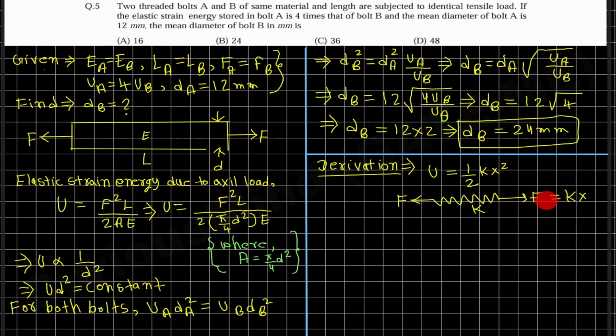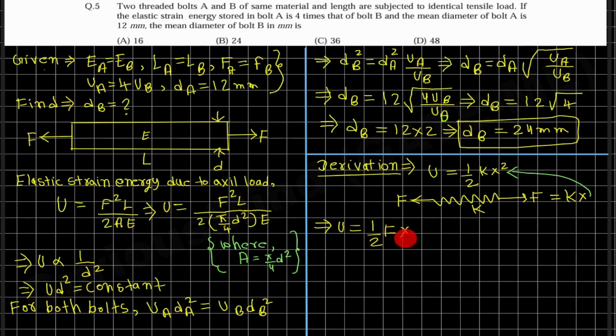F is equal to K into x. So we use this formula to replace Kx with F, and we got U is equal to half F x.